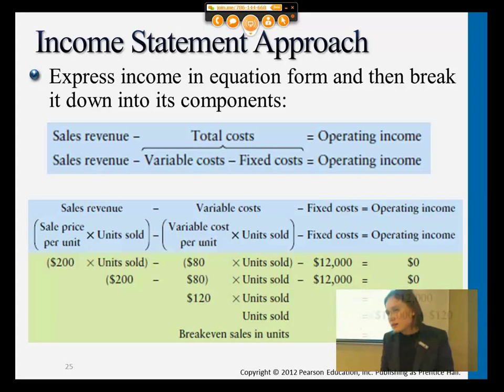I'm wondering if there's any correlation with direct labor and overhead costs. So is direct labor a variable cost, or is direct labor a fixed cost?